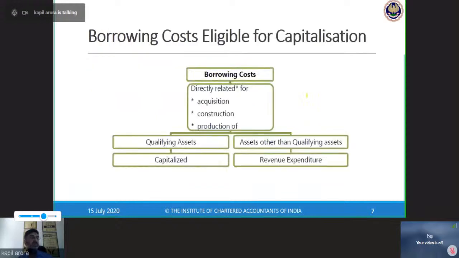So that was about the qualifying asset and the borrowing cost. But it says which borrowing cost can be added to the asset value.